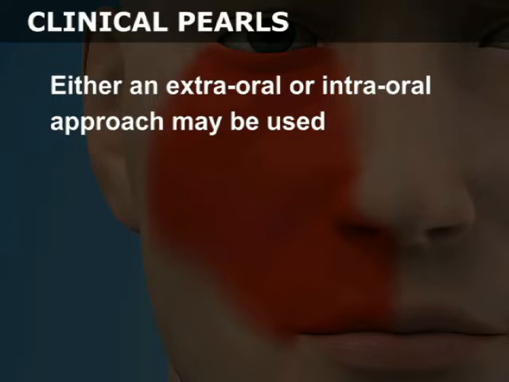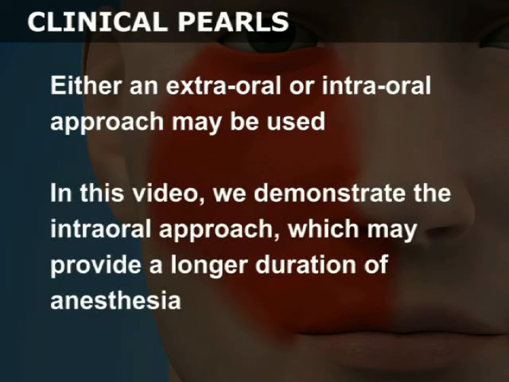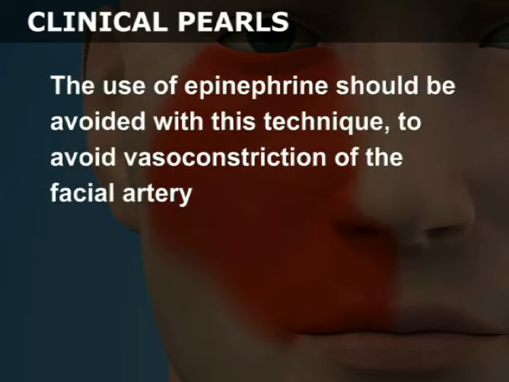Either an extraoral or intraoral approach may be used. In this video, we demonstrate the intraoral approach, which may provide a longer duration of anesthesia. The use of epinephrine should be avoided with this technique to avoid vasoconstriction of the facial artery.